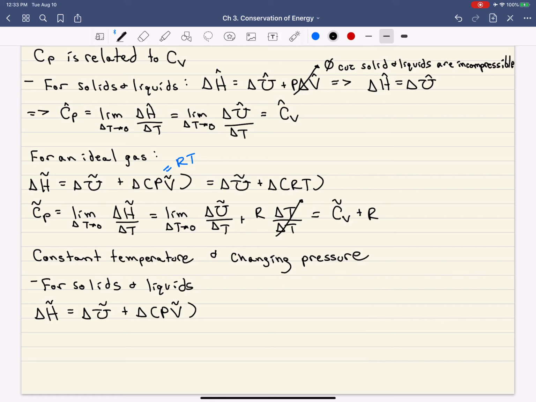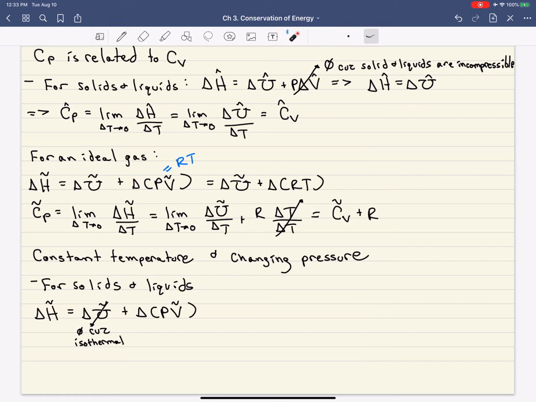Now, with the change in internal energy, this term, we're going to cross it out and say it's 0 because the system is isothermal. So we don't have to look at that.